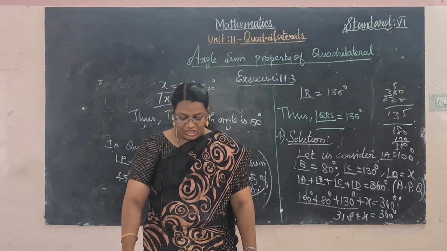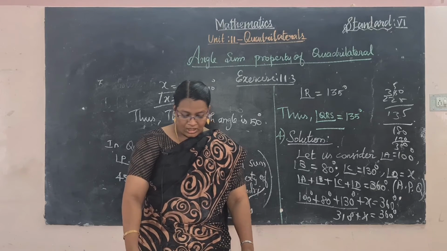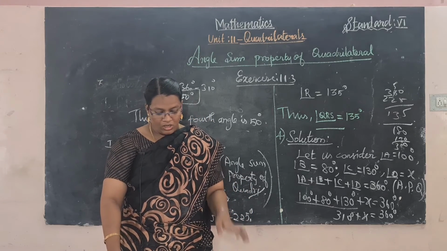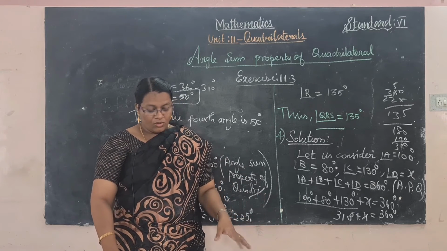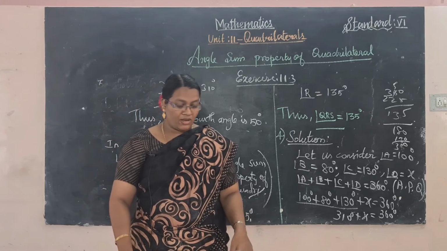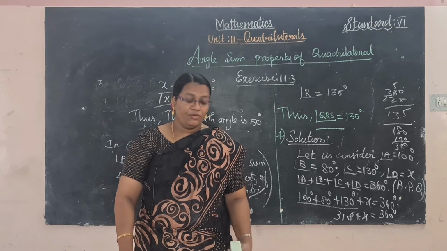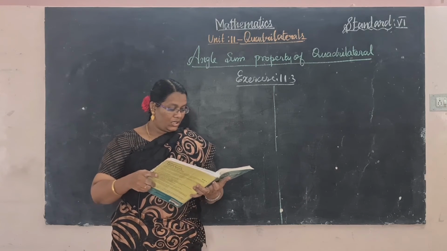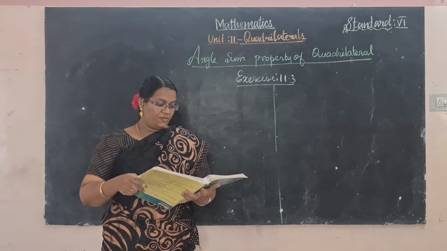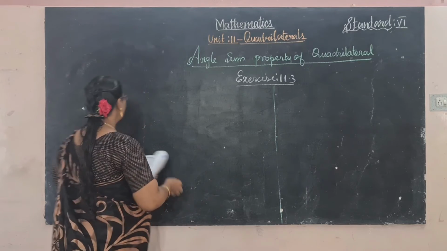What is the measure of each angle? So all 4 angles are equal. What is that angle value? Okay, let x be the angle.